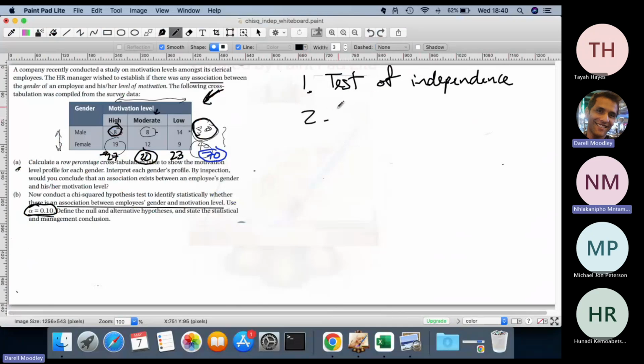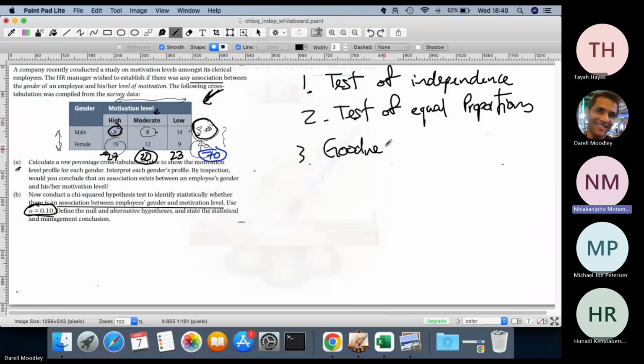Second test is test of equal proportions. And the third test is the goodness of fit test.